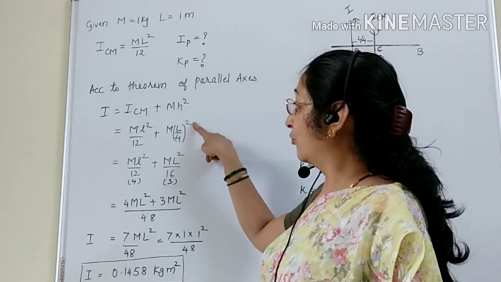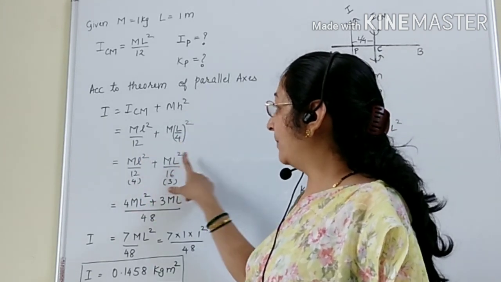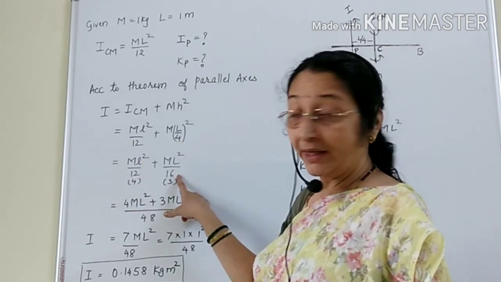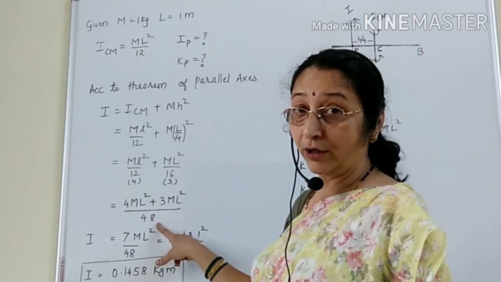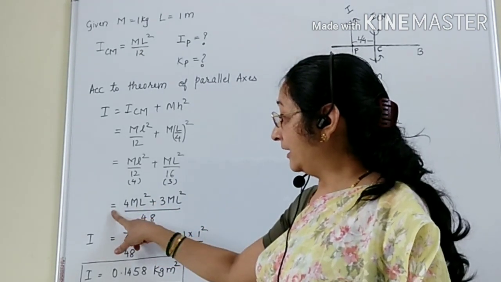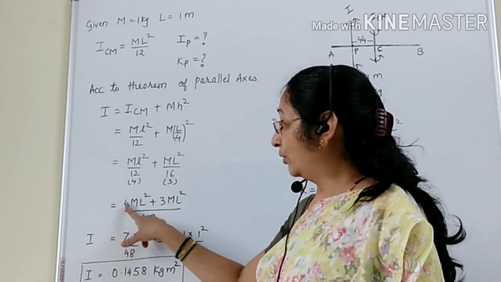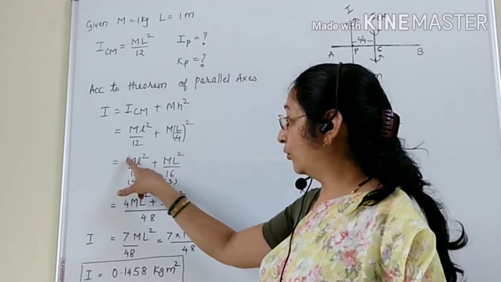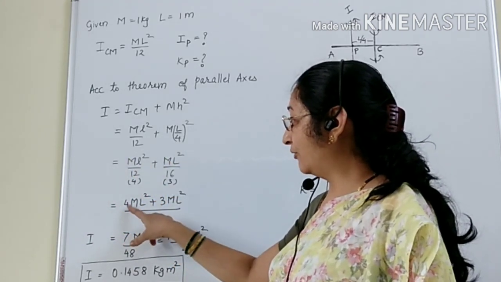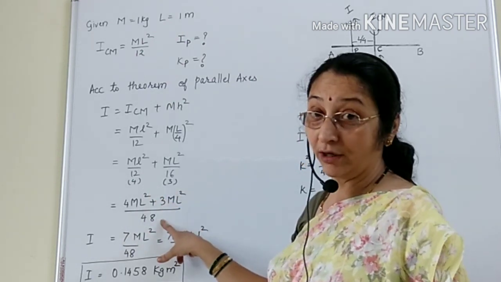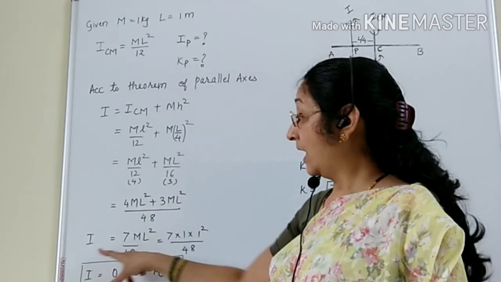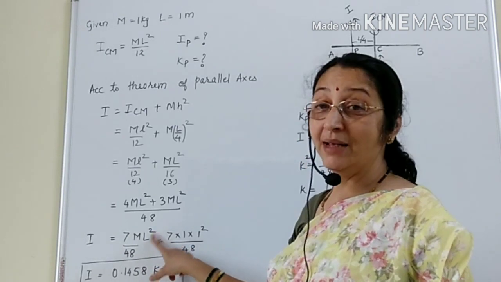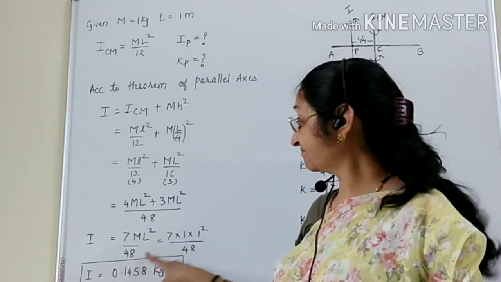So, we take here L by 4 square. So, ml square upon 12 plus ml square upon 16. Taking the LCM, which is 48, we get I equal to 4 ml square plus 3 ml square upon 48. 48 is the LCM. I equal to 7 ml square upon 48.